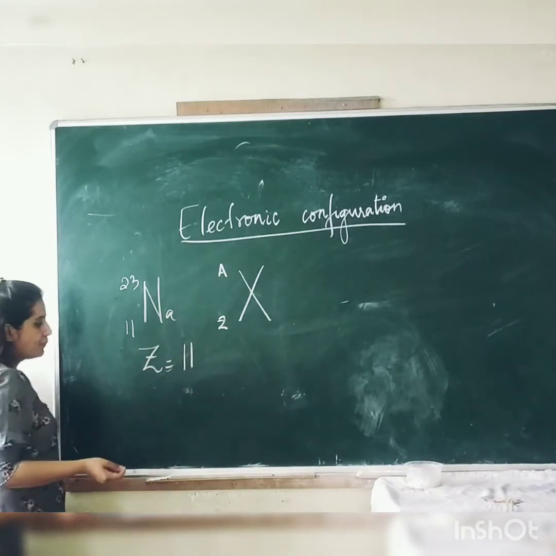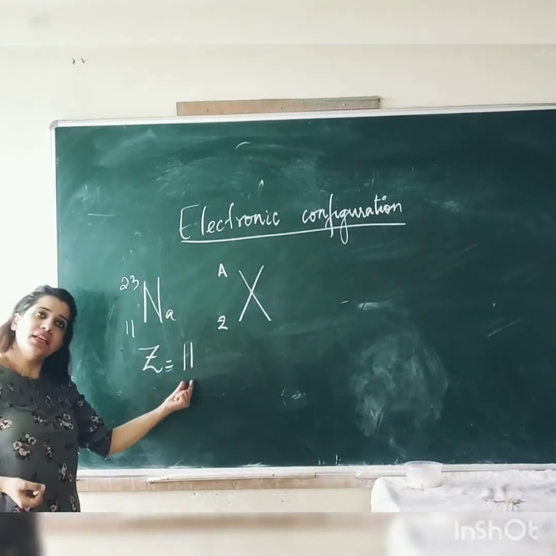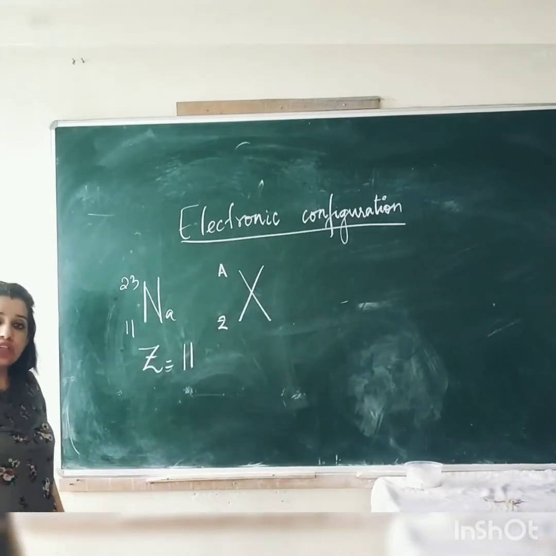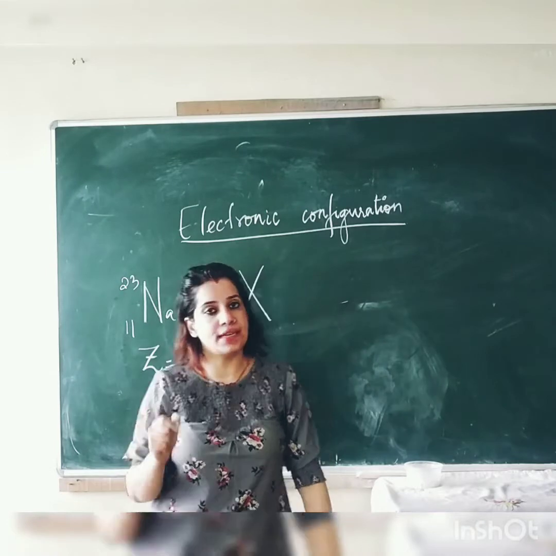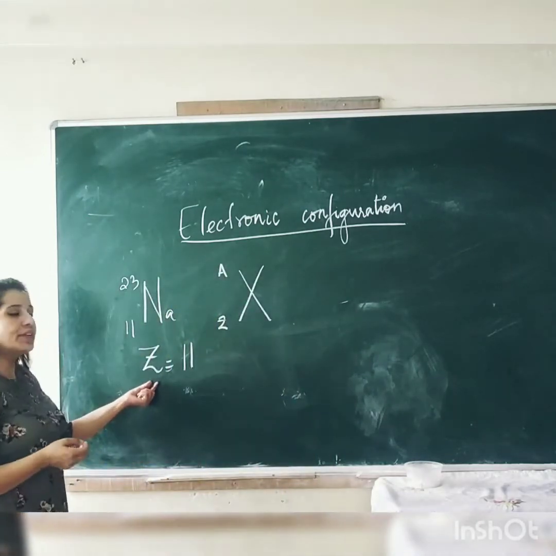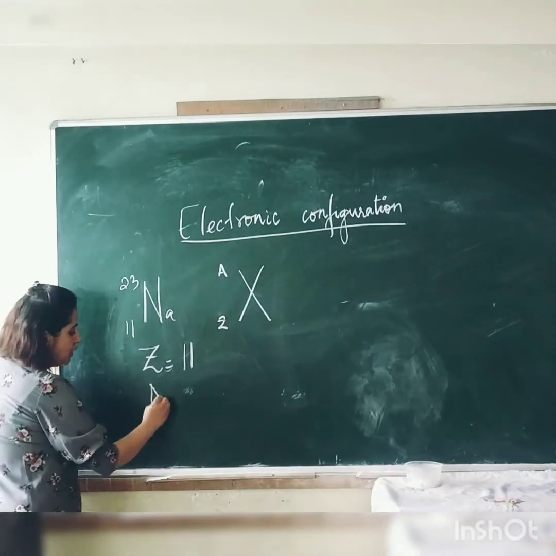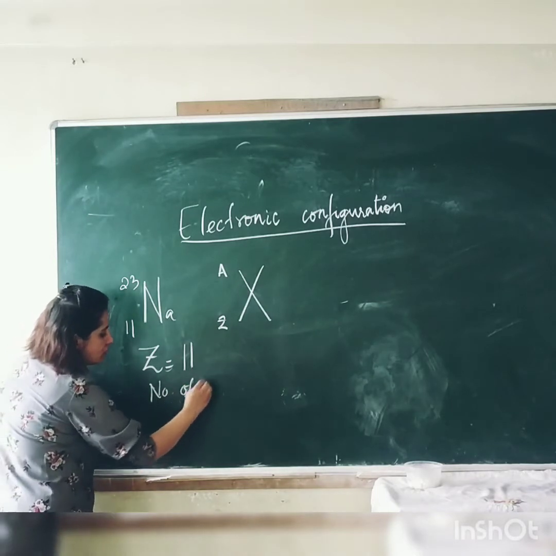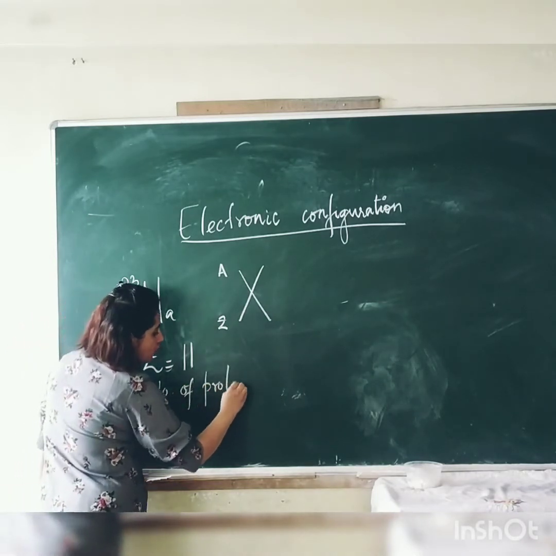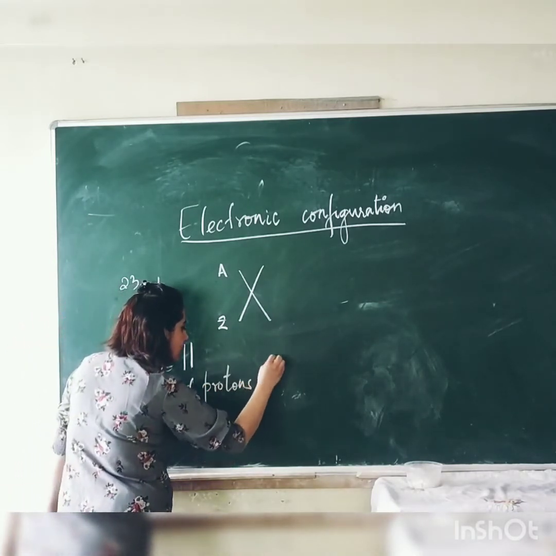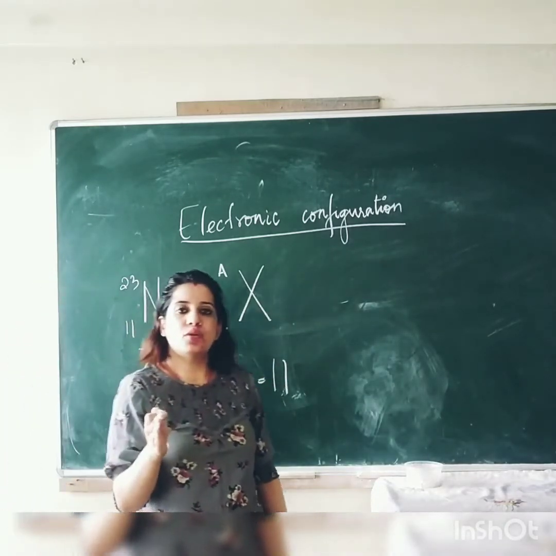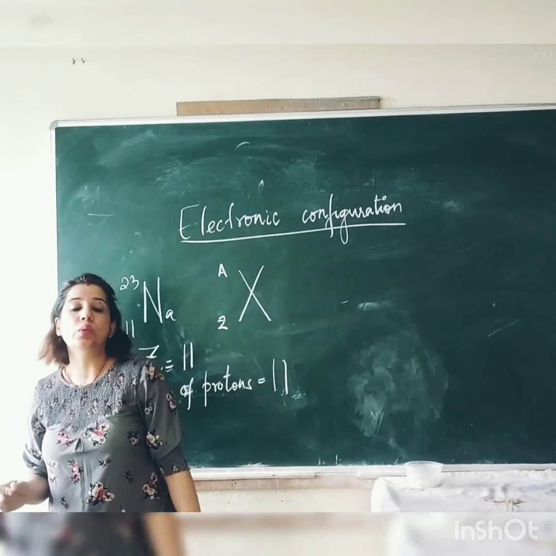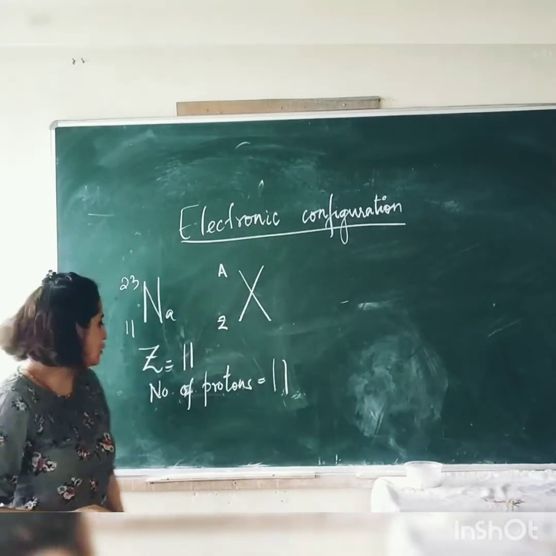I have already told you the atomic number is the number of protons in an atom. That means if the atomic number is 11, the number of protons is also 11. And I have also told you the number of protons is always equal to the number of electrons.